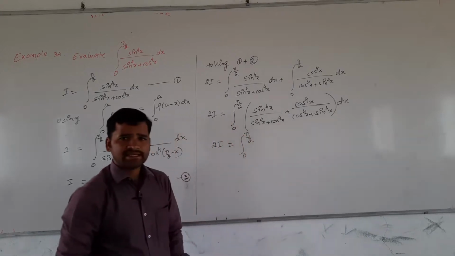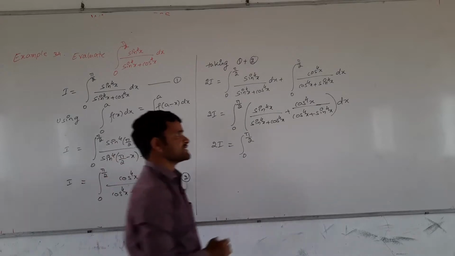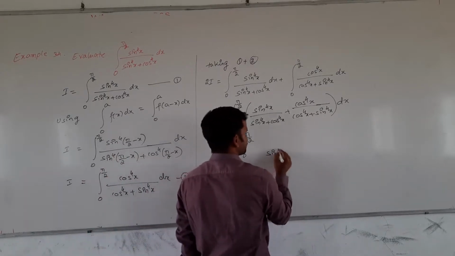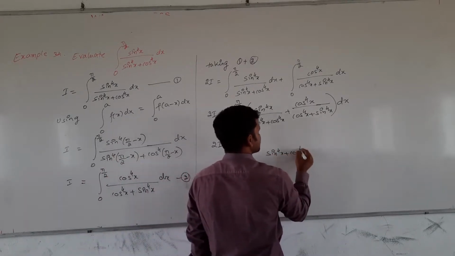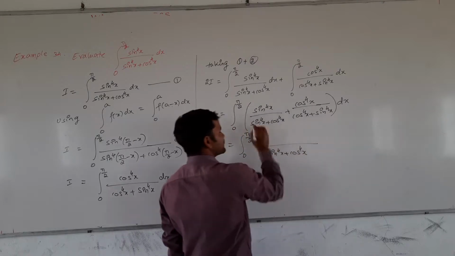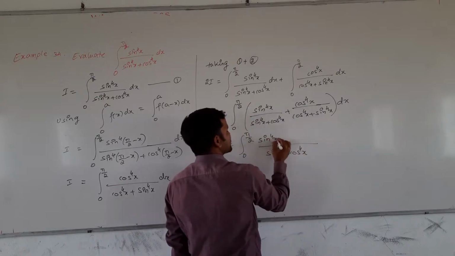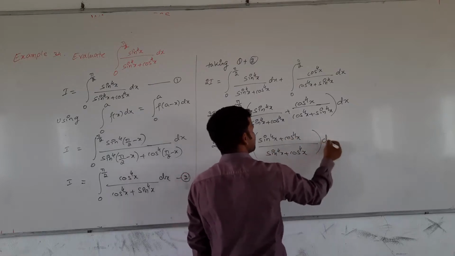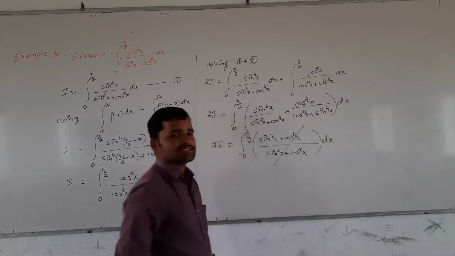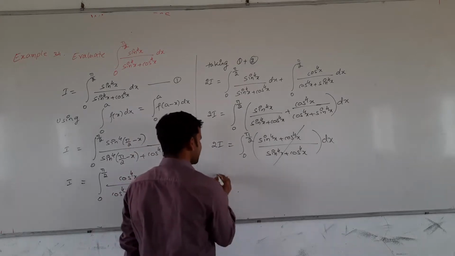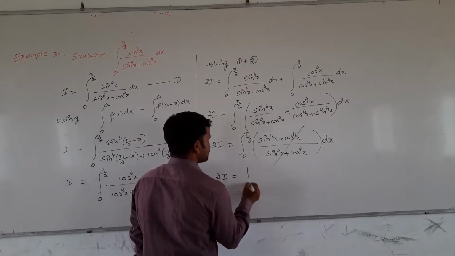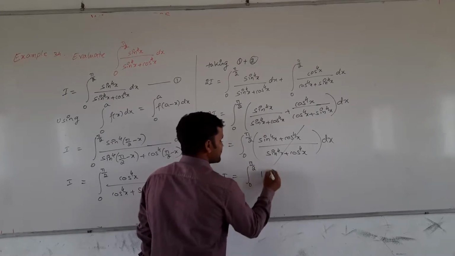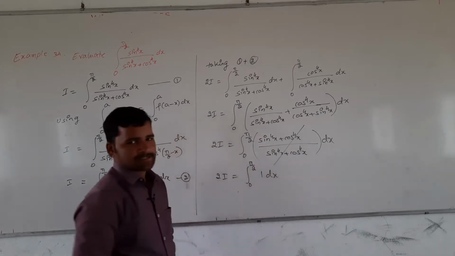You see LCM is sin raised to 4x plus cos raised to 4x only, both are same. So numerator will get added up, sin raised to 4x plus cos raised to 4x into dx. Both terms will get cancelled out. What I have? I have 2i is equal to integrating from 0 to pi by 2 1 into dx here.